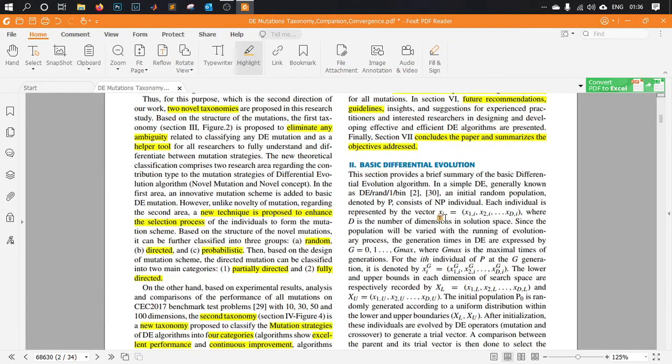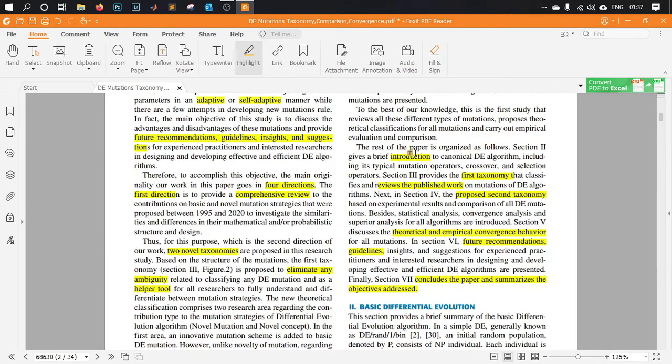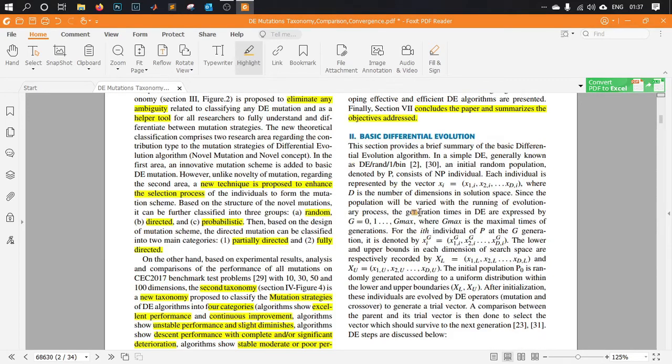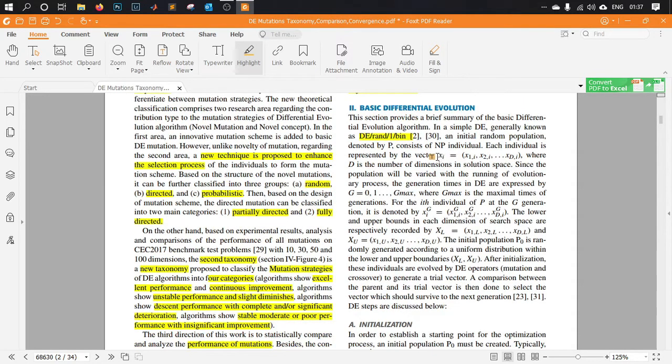So this is the second section, which is supposed to be the introduction section. Here they will talk about differential evolution. Here we can see that they start off with the rand1 bin. They are taking a vector, representing every individual as a vector, and a lot of these individuals together make a population, and this population is varied over various generations, where Gmax is the maximum number of generations.